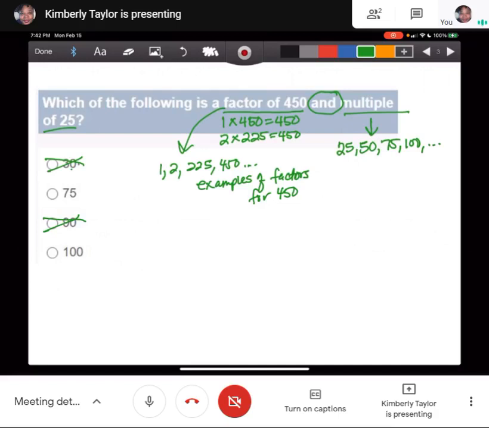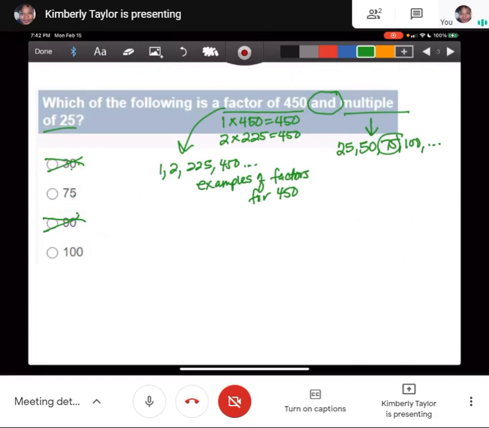Now, both of these numbers are factors for 450, but they don't satisfy the other portion as far as being a multiple of 25, so we can't use those answers. Now we know that 75 is a multiple of 25 because it's 25 times 3, okay, and then we know that 100 is a multiple of 25, so we say 25 times 4.